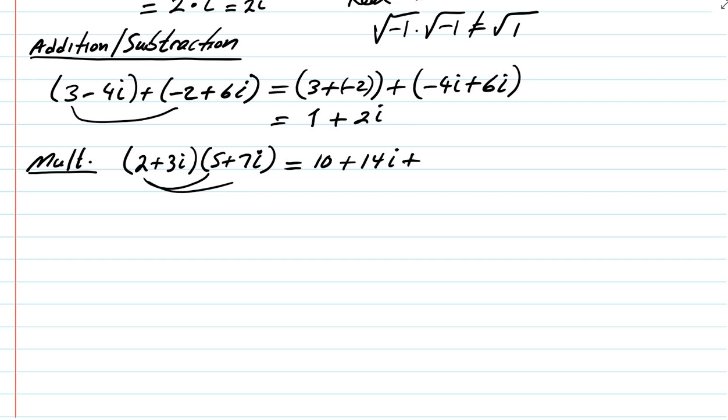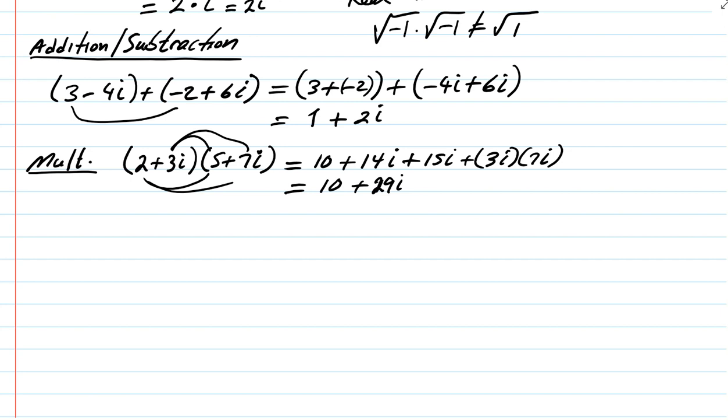Plus, then we're going to go 3i times 5 and 3i times 7i. So 3 times 5 makes 15i, plus 3i times 7i. The 14i and 15i give me 29i.